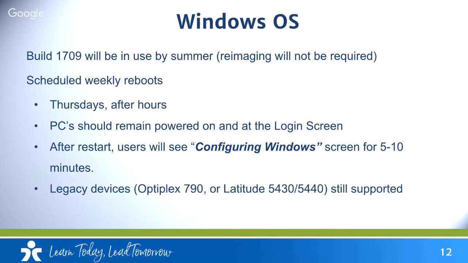Right now, what we've seen is it takes longer because there's more updates in queue for that machine. But once we get into this rhythm of this process, the patches and updates will be more current, therefore it will take less time.